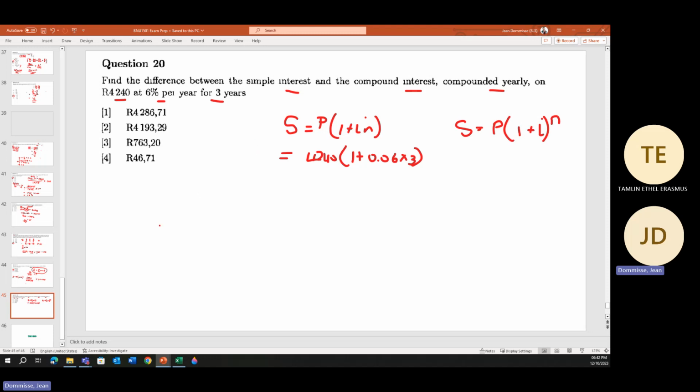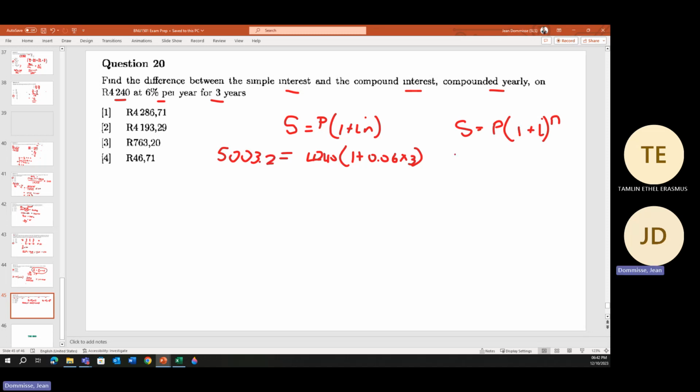So 0.06 times 3 is 0.18 plus 1. So 1.18 times 4240 gives us 5003.2.